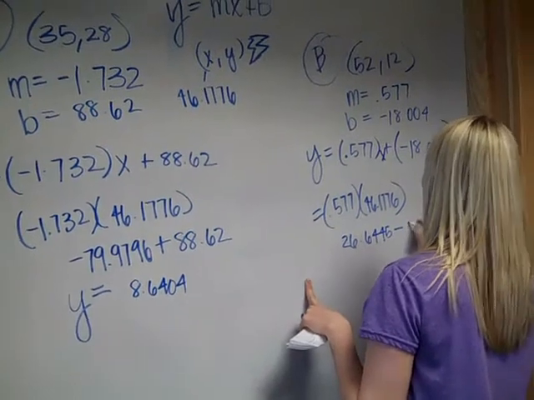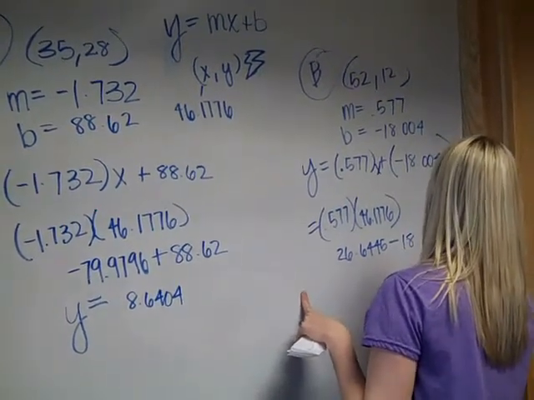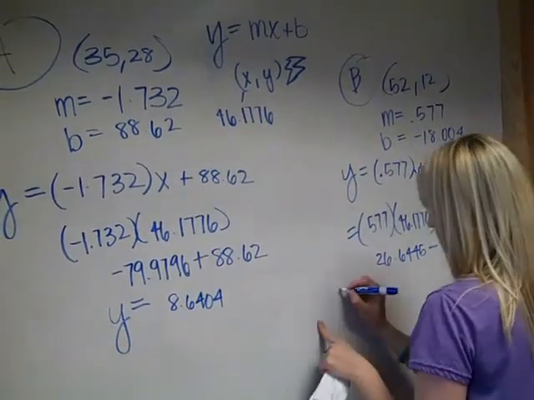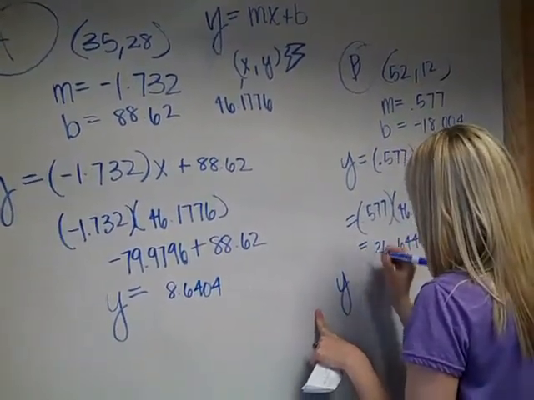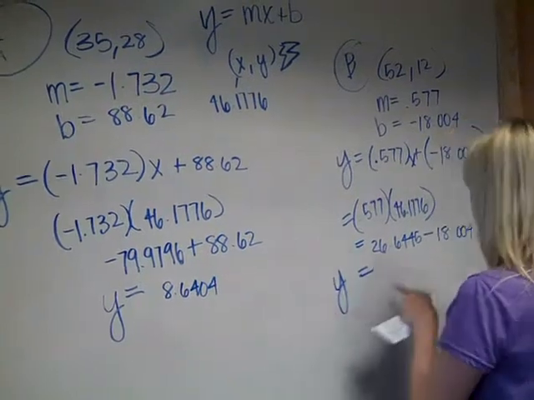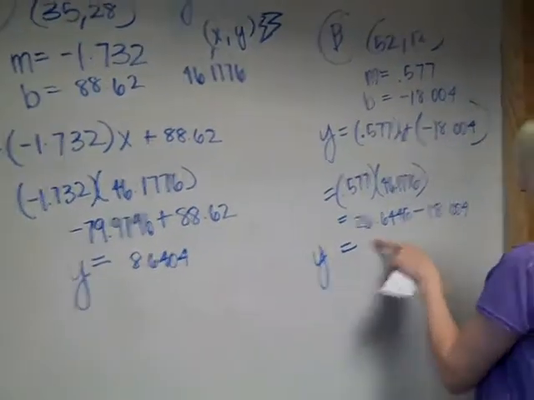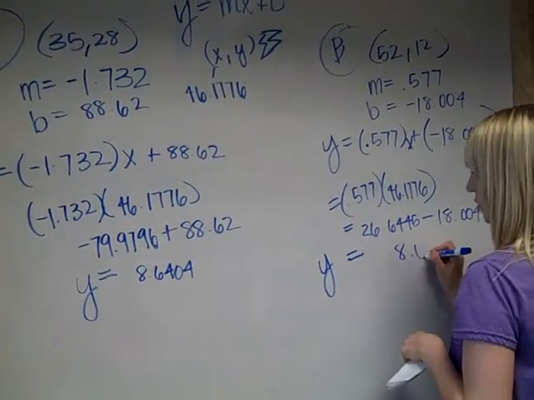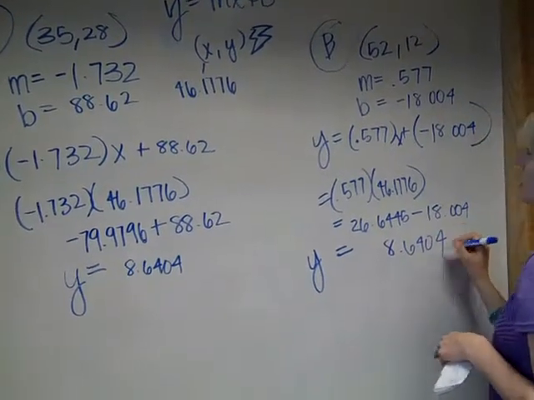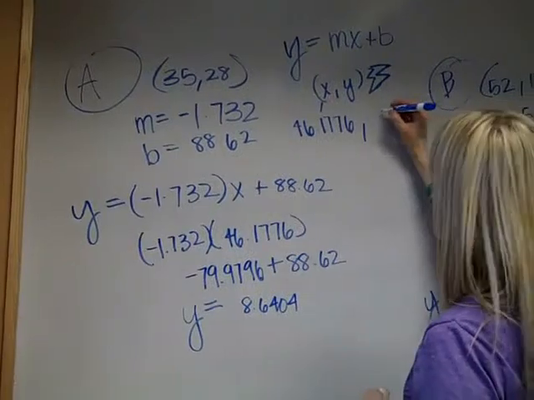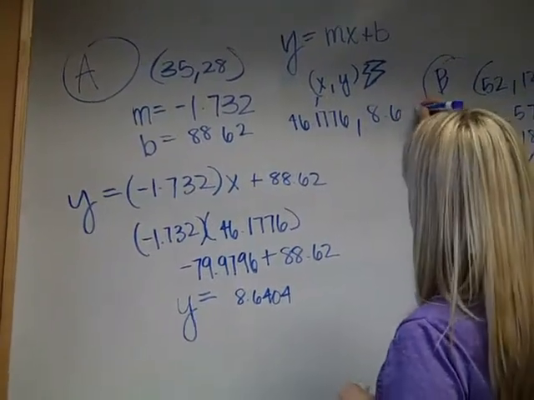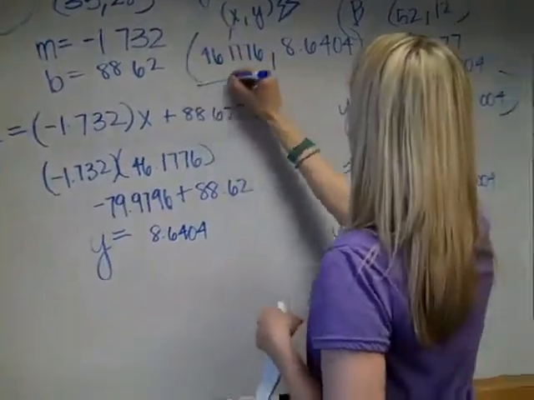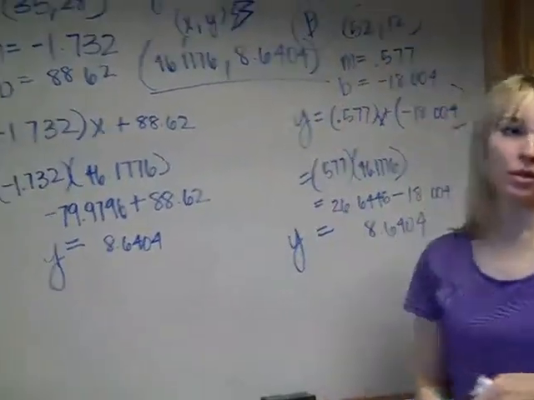Then we subtract 18.004, and we will have our y, which by the looks of it is 8.6404. There we go. So there are our coordinates of the dangerous little lightning strike. Good job, Kimberly.